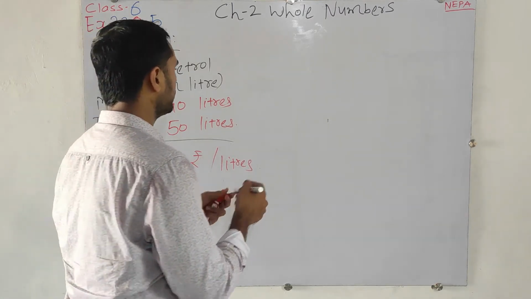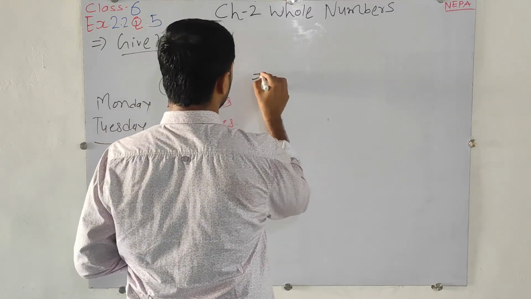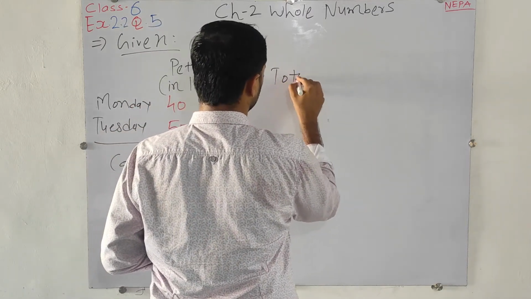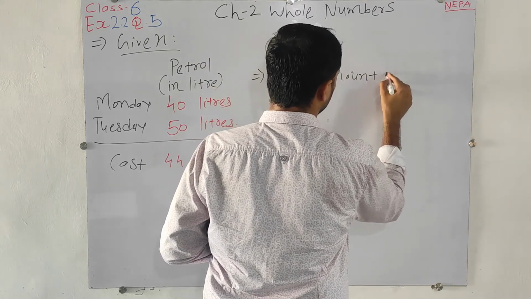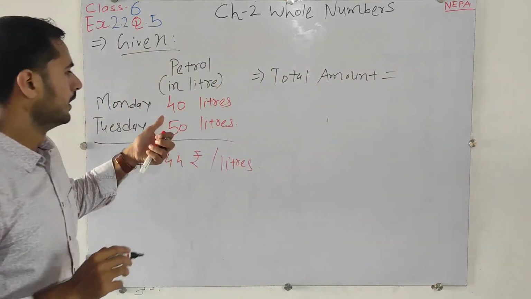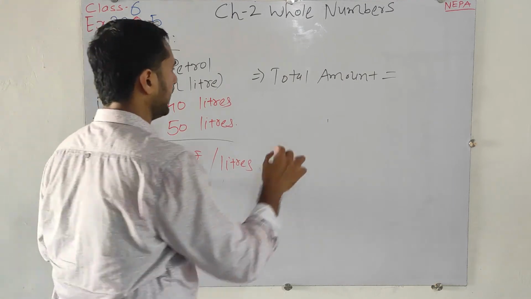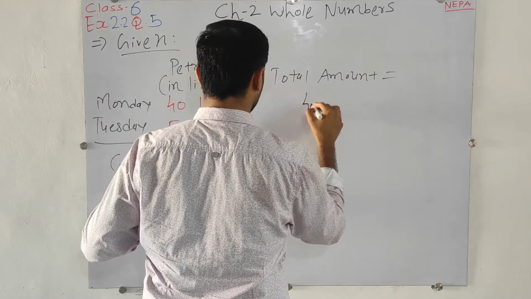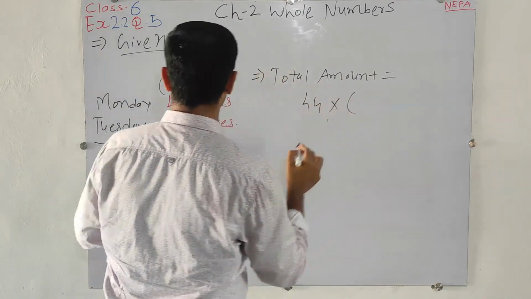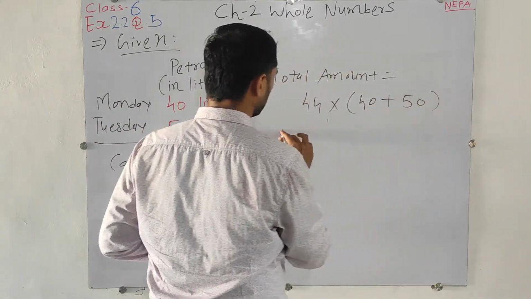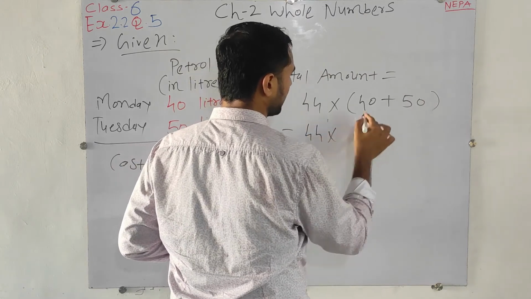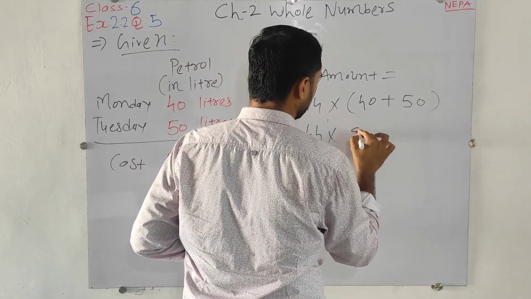So here I am going to do the total amount equals the rate, that is 44 multiplied by 40 plus 50, that is 44 multiplied by 90.